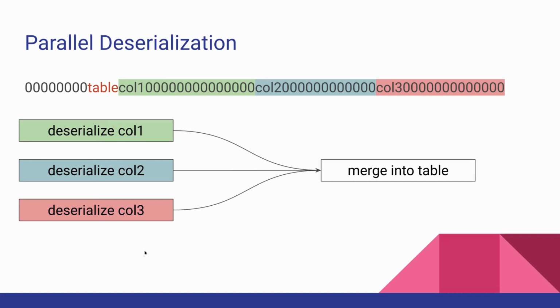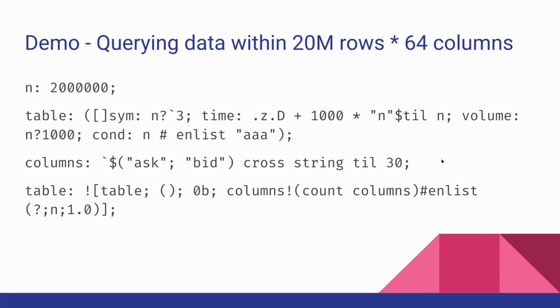But on the kola side, it does some pre-calculation to get the start position and end position for each column, then deserializes all columns at the same time, and then merges them into a table. So that's why it makes kola faster than PyKX when interfacing with KDB.